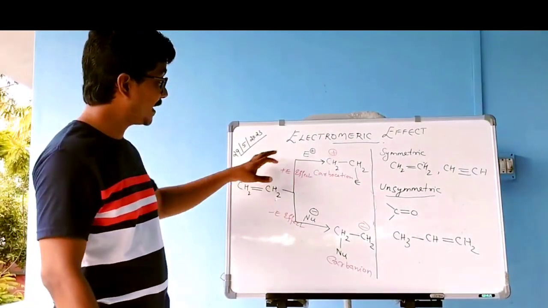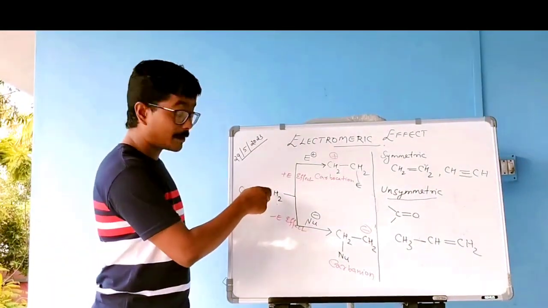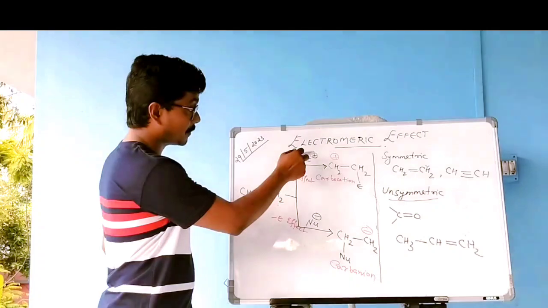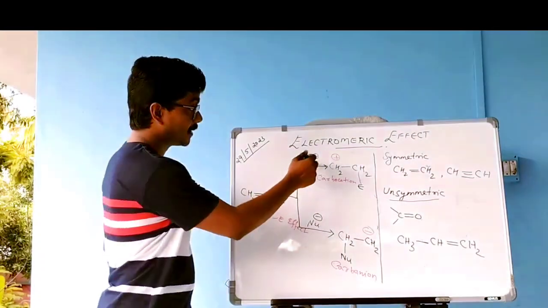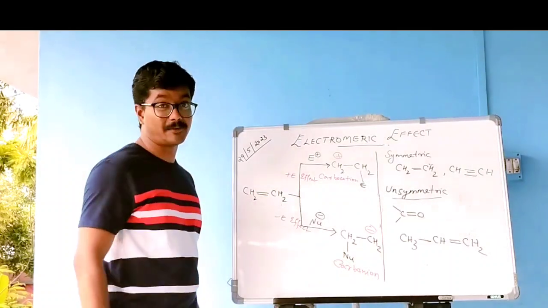Minus E effect can be illustrated simply like this. When an alkene, a double bond system, is attacked by an electrophile, forming a carbocation, this is called plus E effect.